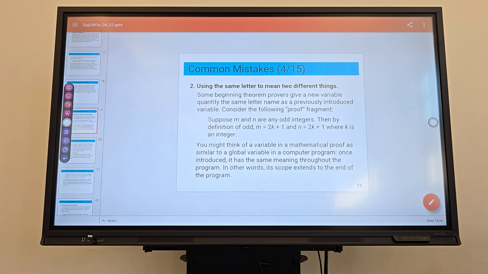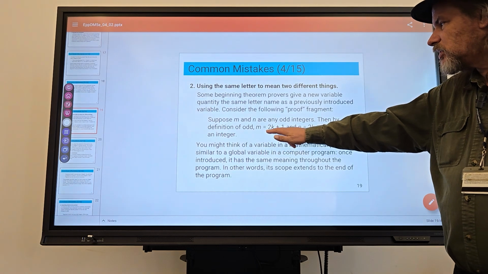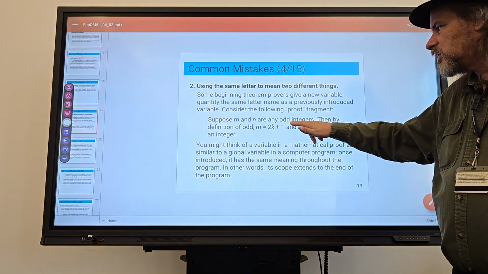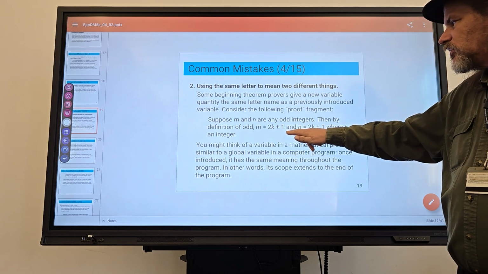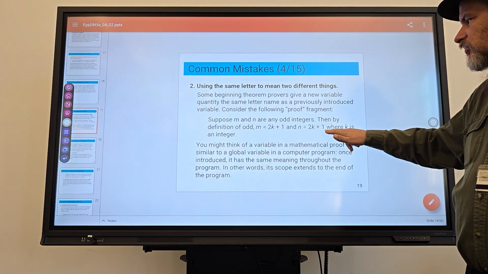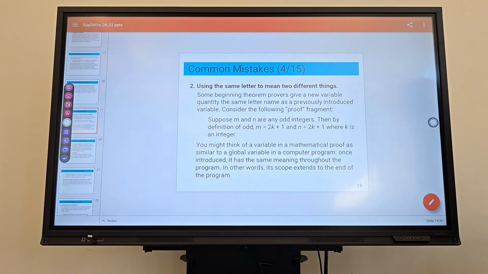It gives an example. If m and n are any two odd integers, then by definition of odd, m equals 2k plus 1, and n equals 2k plus 1, where k is an integer. Well, if that were the case, m would equal n, right?